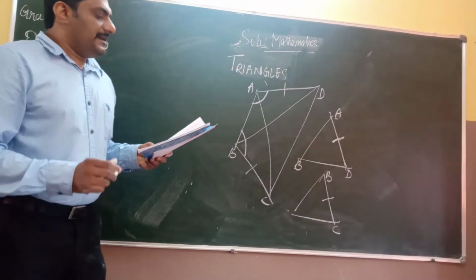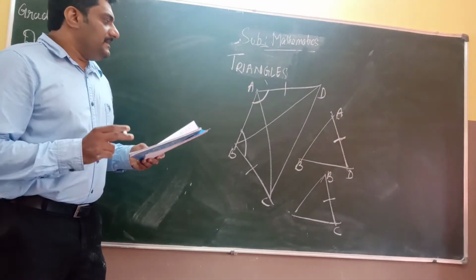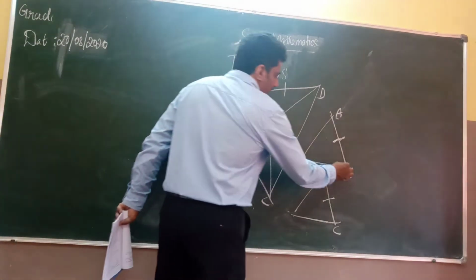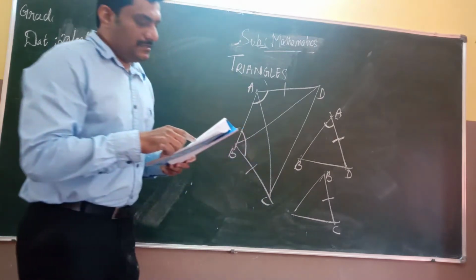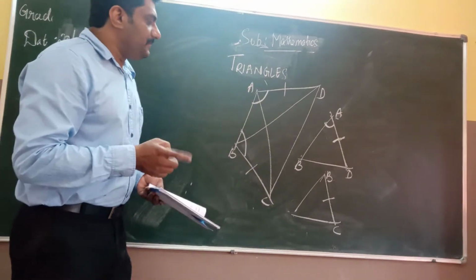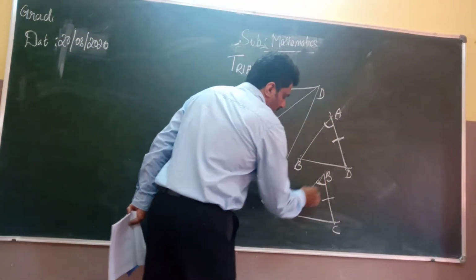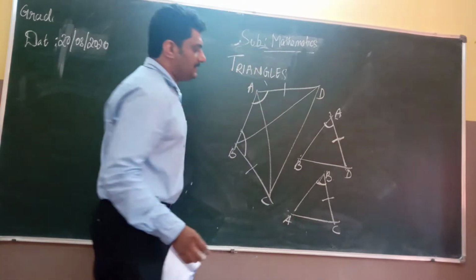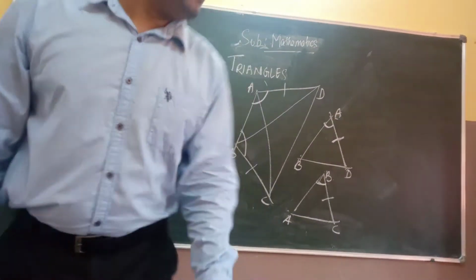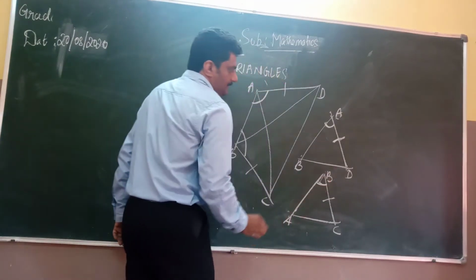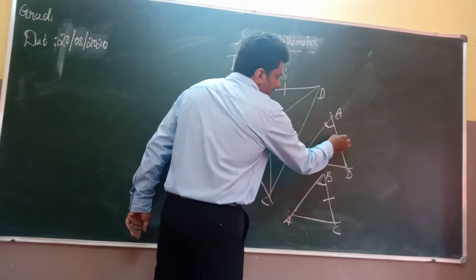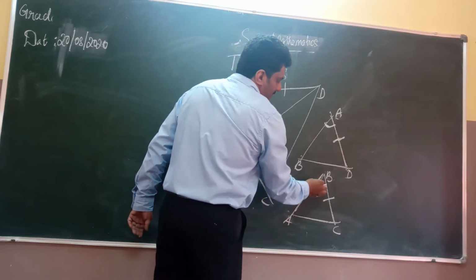And then triangle DAB, that means this angle DAB is equal to angle CBA. This is what they have given: this side, this angle, this angle.